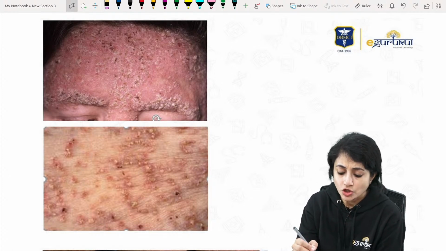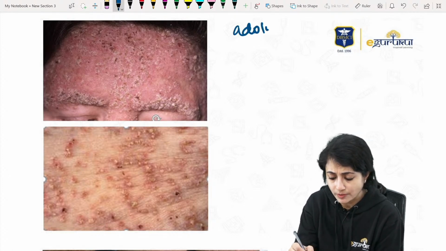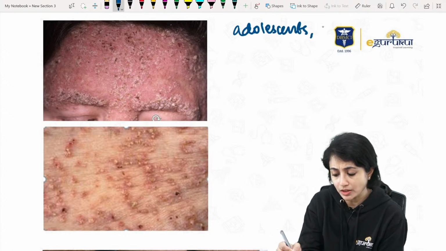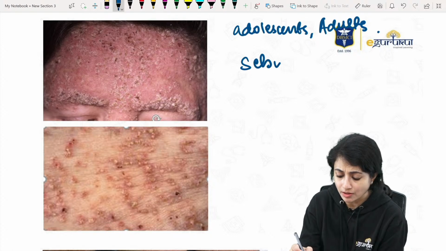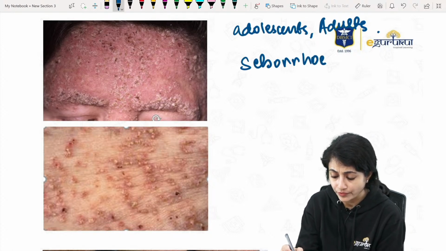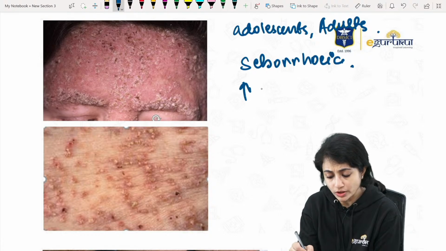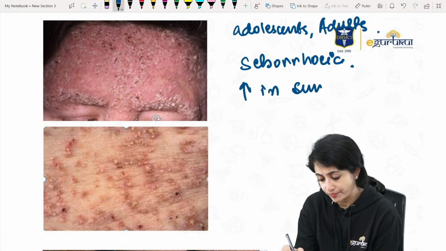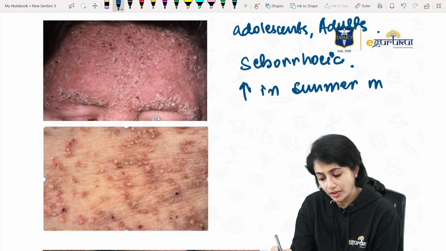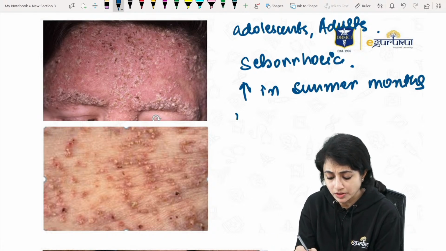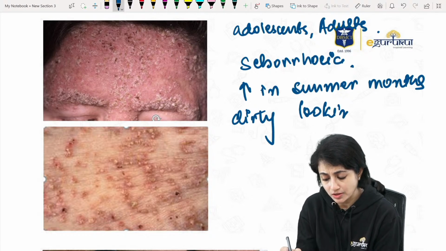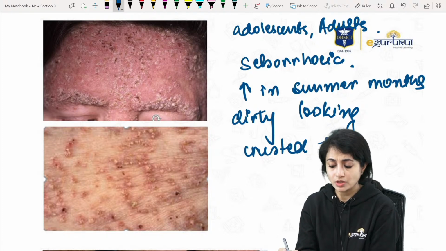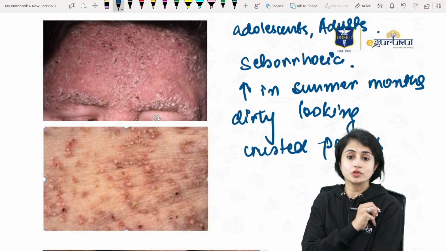It presents usually in adolescents and adults. What do I see? It presents in a seborrheic distribution, more in summer months. And I have these dirty looking crusted papules present in a seborrheic distribution.